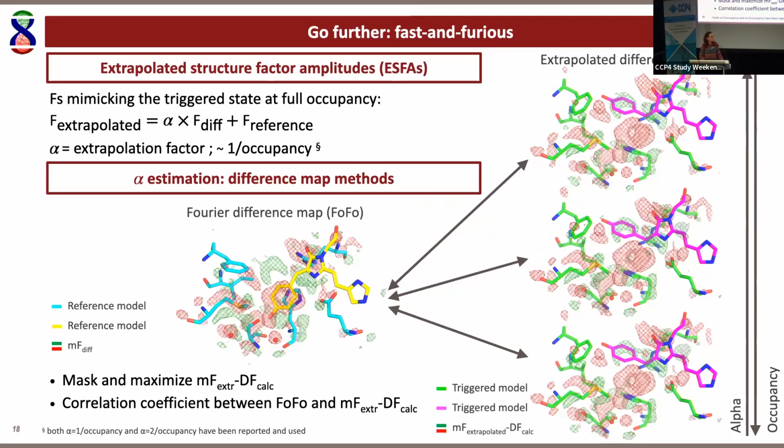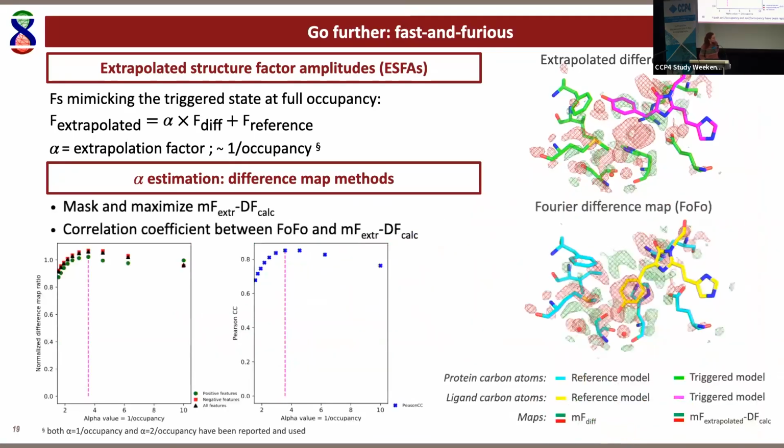In the first one, we'll try to find the locations of the peaks in our Fourier difference map using the Map Explorer tool, and we'll then search for those maps that have the highest signal on those same locations. And then secondly, we calculate the correlation coefficient between the Fourier difference maps and the extrapolated difference maps. And if we plot those, we should find a maximum, which is hopefully the same for the 2 methods, to get your best alpha value.